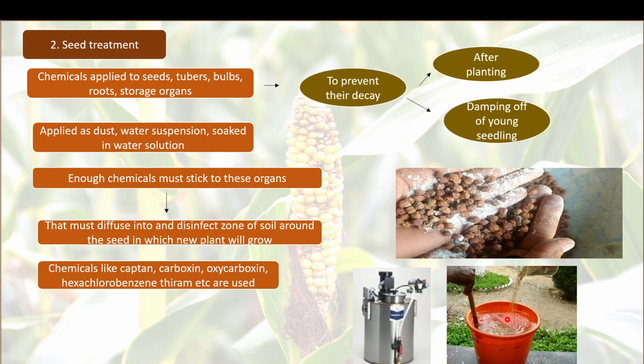And this that you see is the water suspension or water solution method, where you put your seeds inside, manually mix it and let it remain there for some hours, and then you take out your seeds. This is a kind of instrument in which mixing can happen. You don't have to mix manually, everything will happen as per whatever time has been set, and your seeds will be ready.